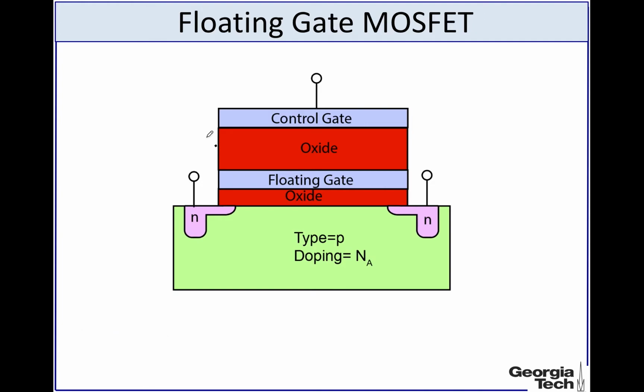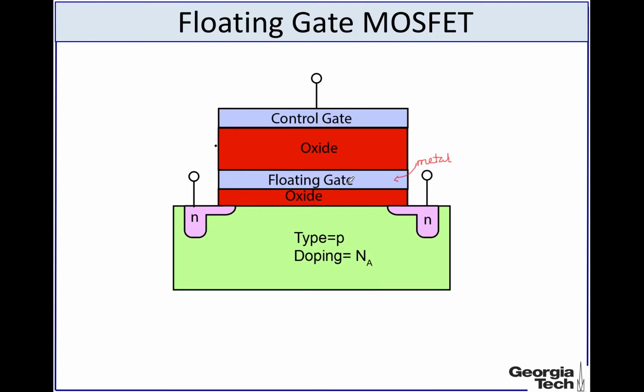Now by looking at it, you will see that the structure is very similar to that of a conventional MOSFET, except for the fact that there is an additional gate or a metal layer there. So basically there are two gates in this floating gate MOSFET.